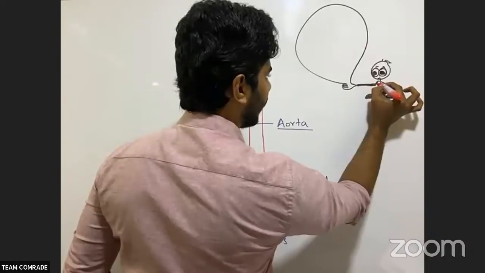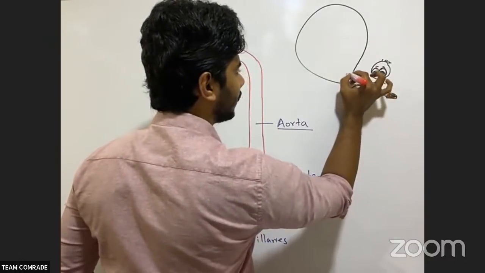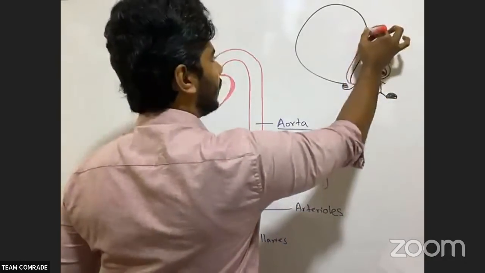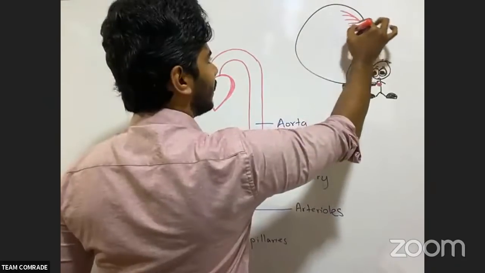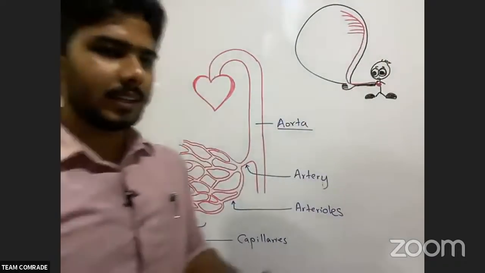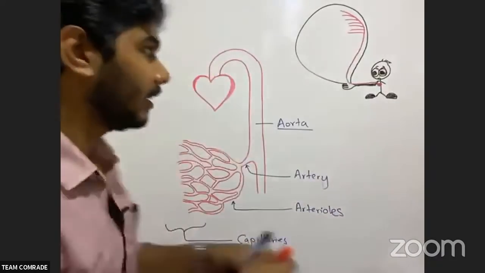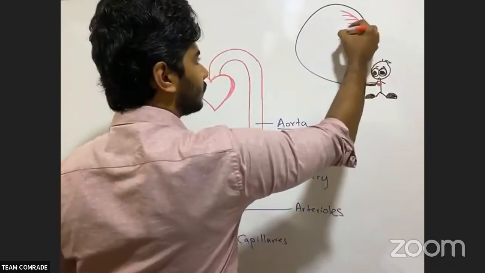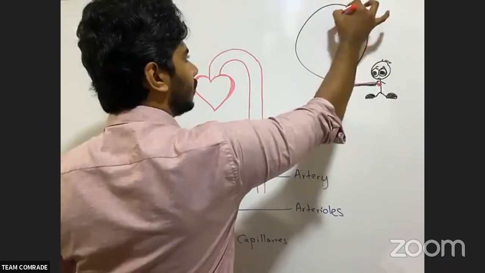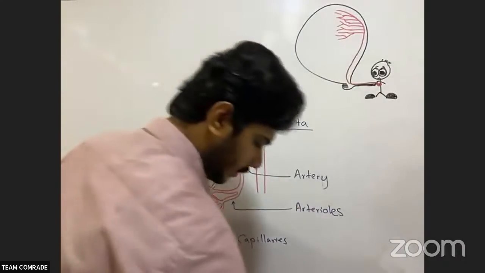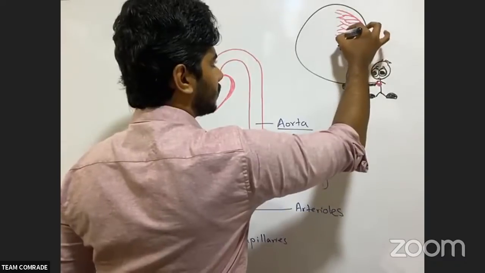Now what happens from his heart? From his heart, that is giving blood like this. The blood is coming like that and divides into arteries, and here you see divides like that. Now you think I want to move my finger like this, so I need energy, that means I need oxygen. Now this will give oxygen to me. From this area, the oxygen is removing into my muscles, to the cells.